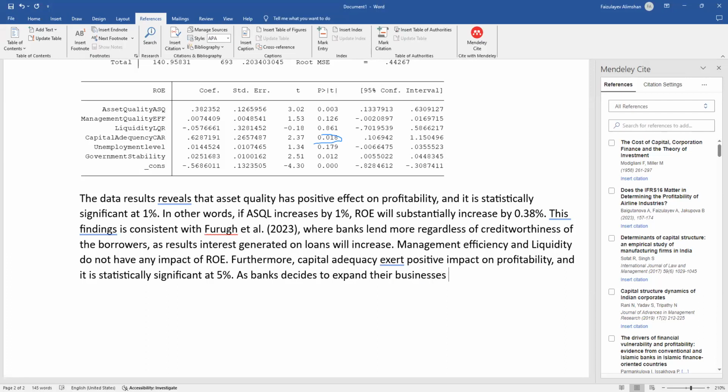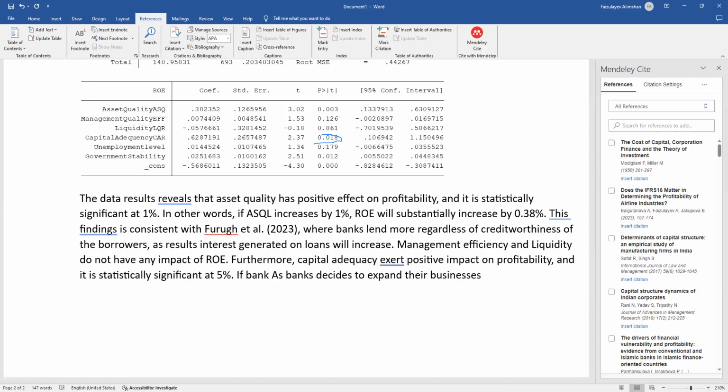So first of all, what is the capital adequacy? It is how much capital they have, the banks. If the capital adequacy increases, the profitability will increase too. Increasing by 1% of the capital adequacy, the bank profitability will increase by 0.6862%.